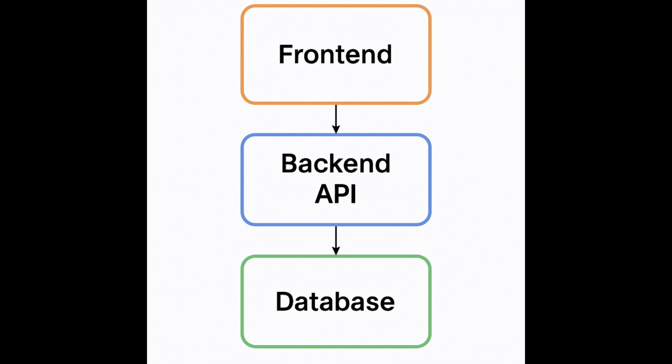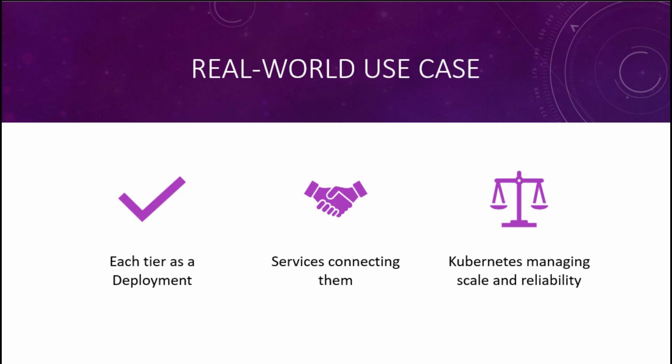In Kubernetes, you'd create deployments for each component, define services to let them talk to each other, and expose the front-end to the internet. Kubernetes will ensure all components are running, auto-scale if traffic spikes, and roll back if an update breaks the app. That's resilience, DevOps style.